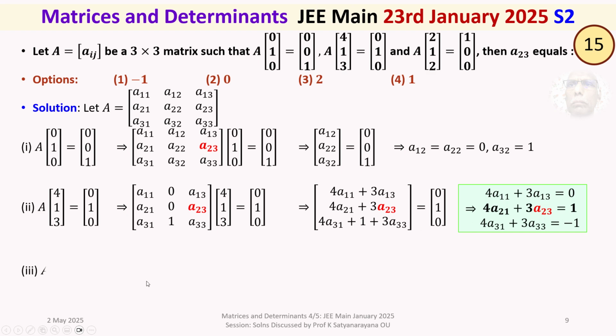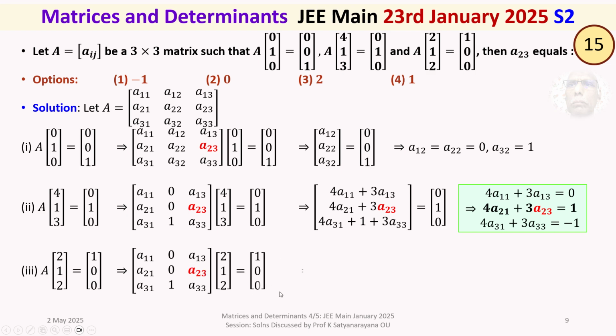Take the third. A into 2, 1, 2 is equal to 1, 0, 0. Multiply and put it here. This entry is 2A21 plus 2A23 is equal to 0. And here 4A21 plus 3A23 is equal to 1. Solve, and you will get A23 is equal to minus 1.